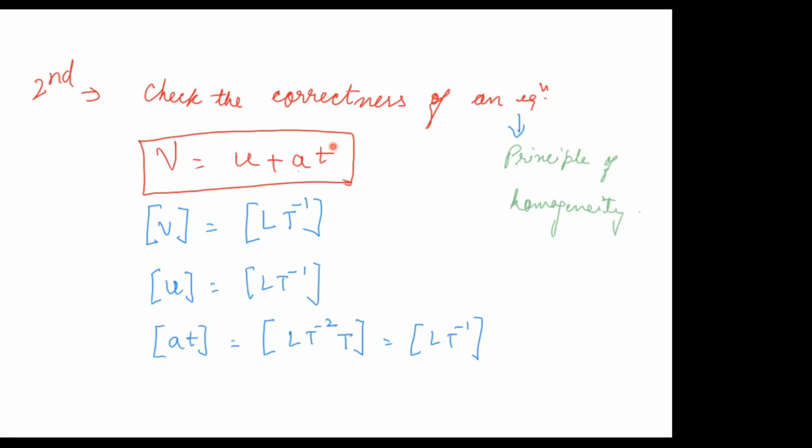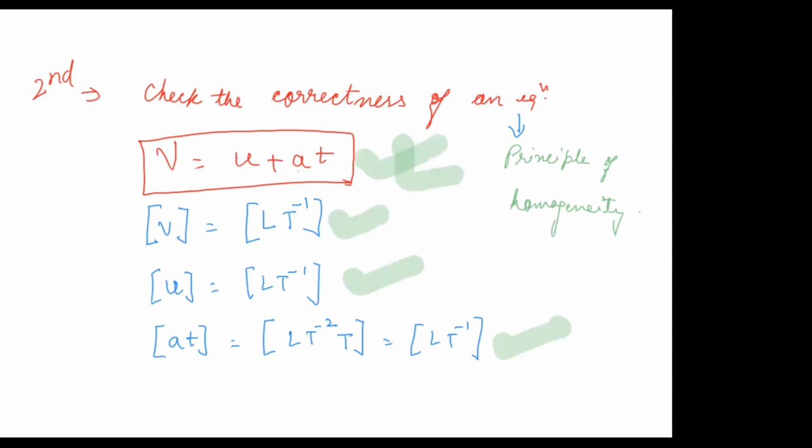Here we can see that the dimension of V is coming LT minus 1. Dimension of U is coming again LT minus 1. And dimension of AT is also coming LT minus 1. That means this is a correct equation because all are having same dimension. So this equation is correct.